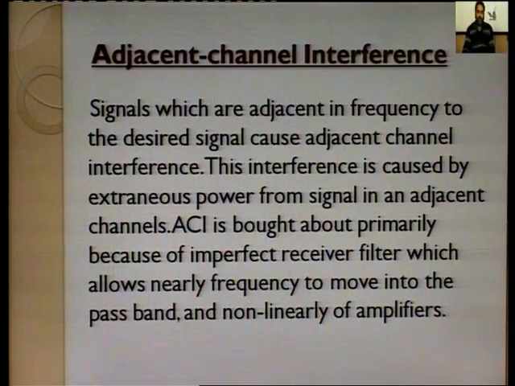Now, next is adjacent channel interference. Adjacent means neighboring channel interference. Co-channel interference was due to the same frequency reaching a receiver from two transmitters. Adjacent channel interference is the interference from neighboring channels. Signals which are adjacent in frequency to the desired signal cause adjacent channel interference.